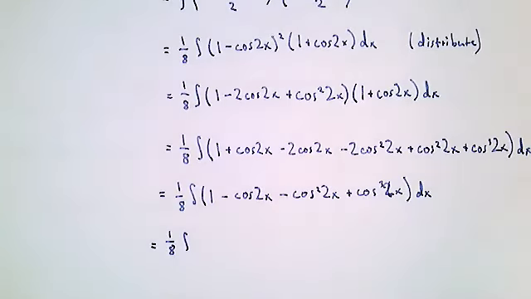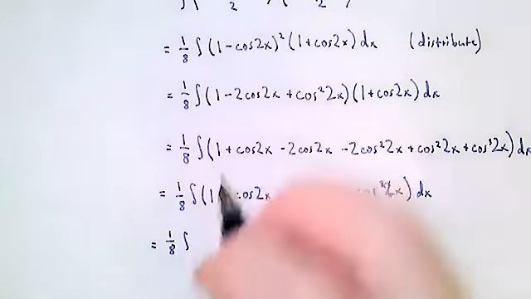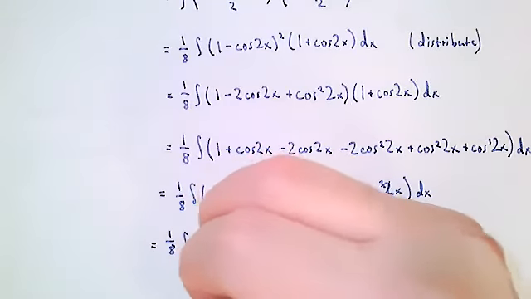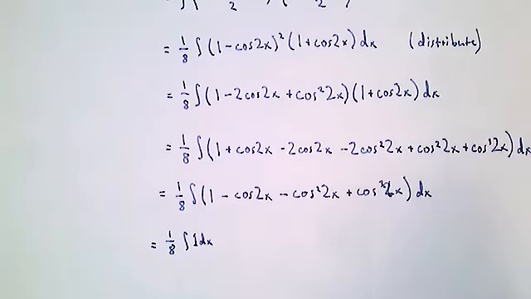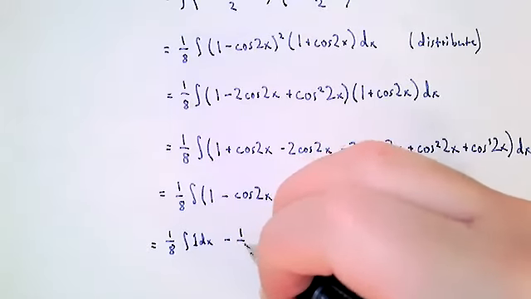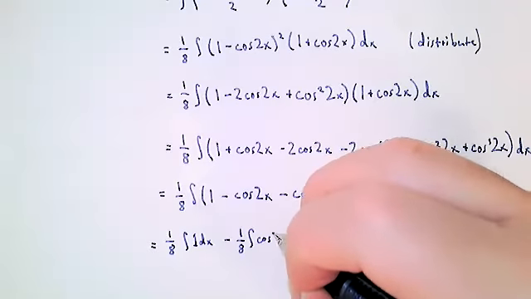So the 1 over 8 goes along with everything since it's on the outside of the integral. So we have an integral of 1 dx. Then we need minus 1 over 8 times the integral of cosine of 2x.